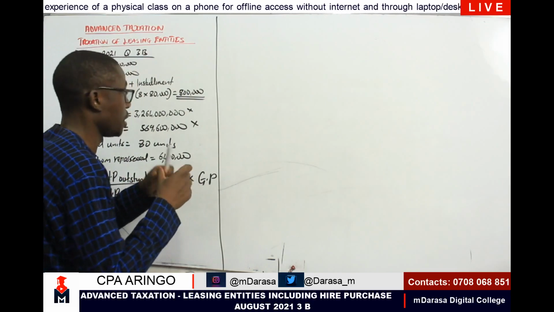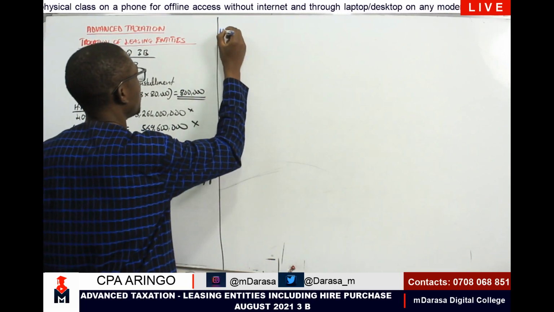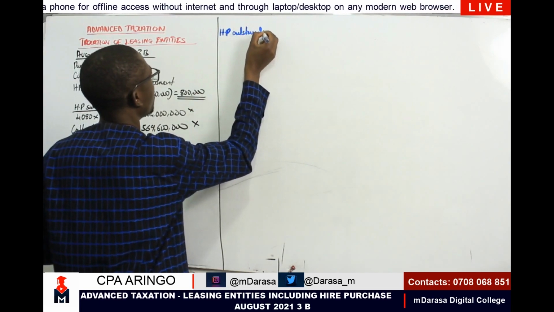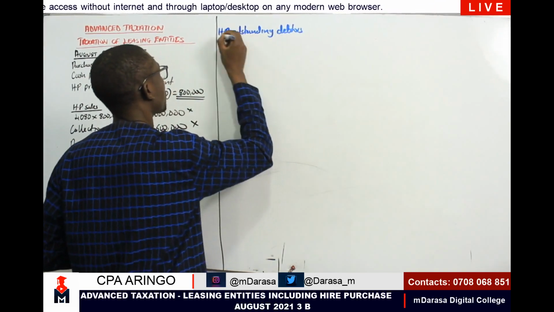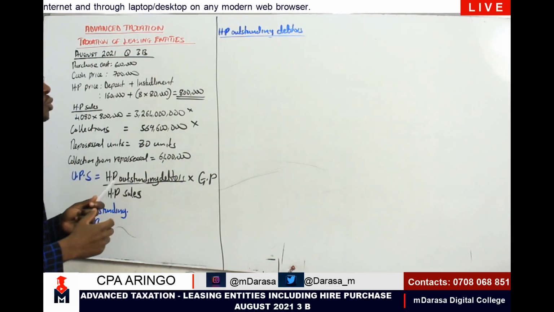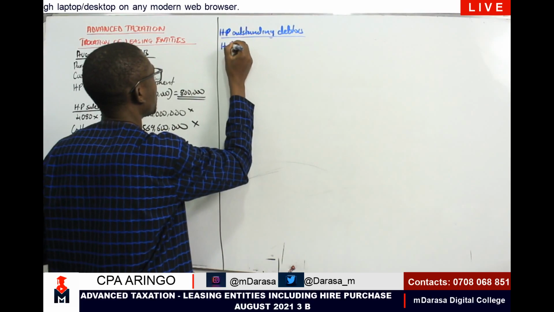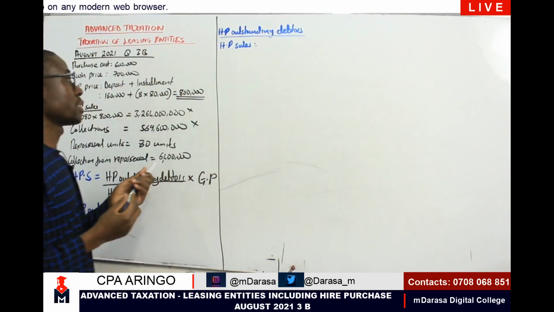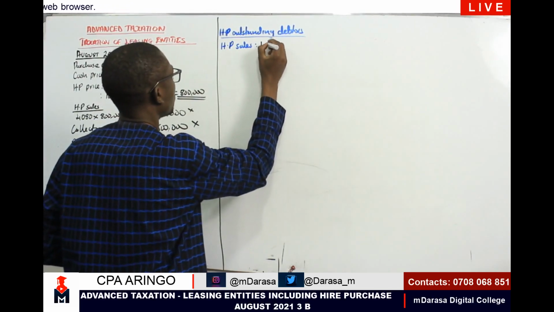Our main aim here, we want to determine our hire purchase outstanding debtors. To determine them, the first thing that we need to do is to determine our hire purchase sales. And for hire purchase sales, initially we had 4,080.